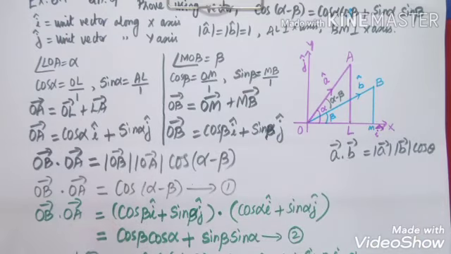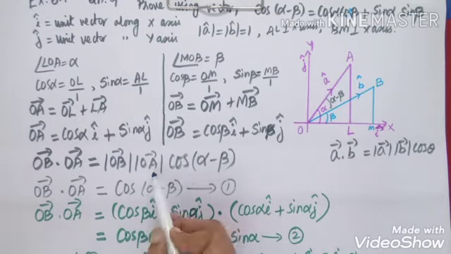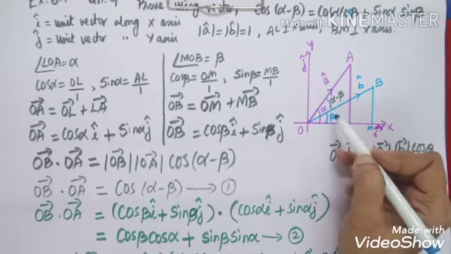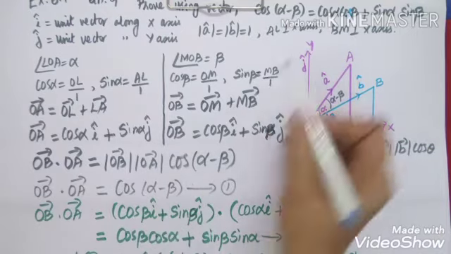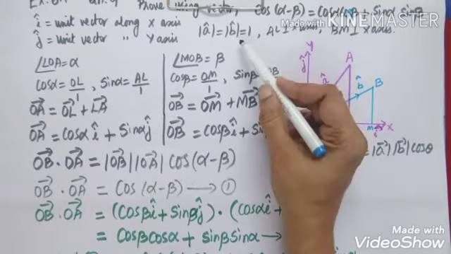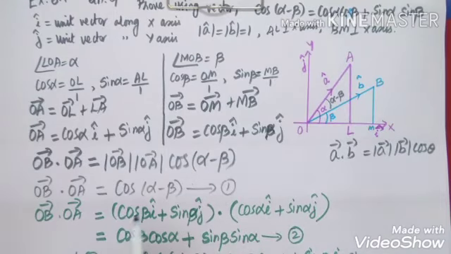When I do the dot product, the definition says mod OB, mod OA, cos of the angle between. Mod OB and mod OA are 1 only, we have already taken that. So my answer is only cos(alpha minus beta). How to find the dot product? I and i we multiply, j and j we multiply.